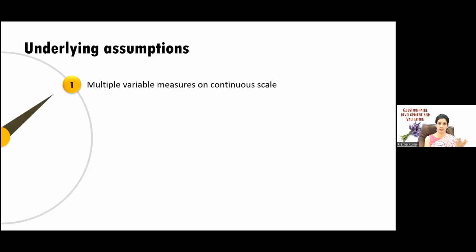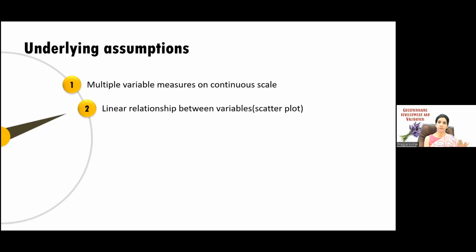So there are some underlying assumptions of this exploratory factor analysis or the principal component analysis, that there should be multiple variables and they should be measured on the continuous scale, because we will see that all the assumptions and all the calculation is done on the basis of the correlation. So correlation generally we apply on the continuous scale, and this is one assumption of correlation, that there should be linear relationship with the variable.